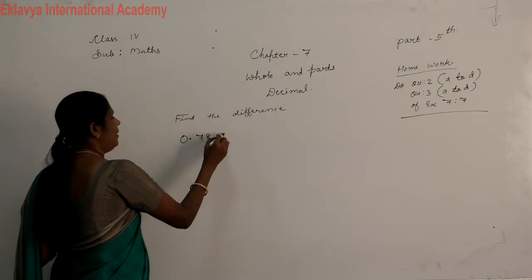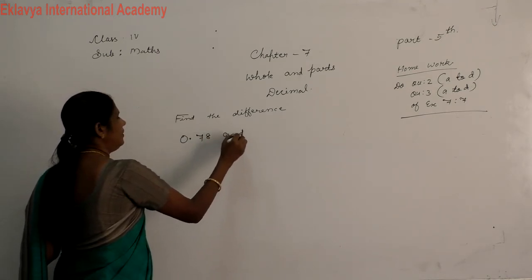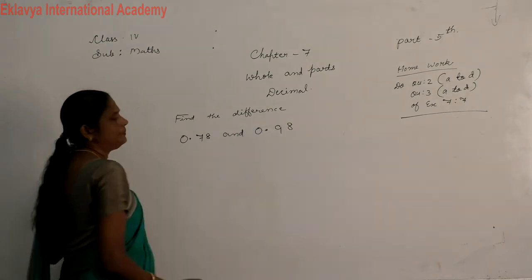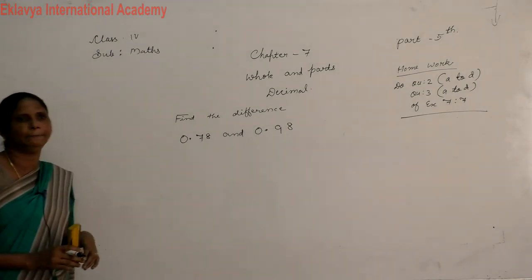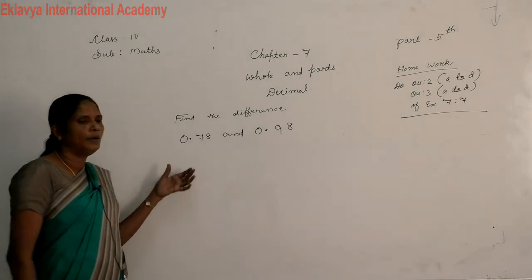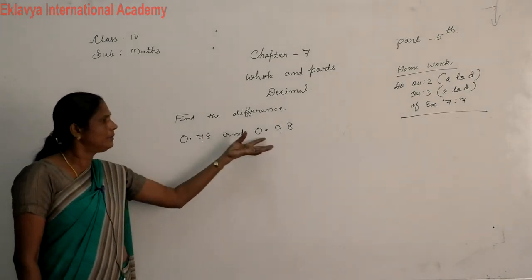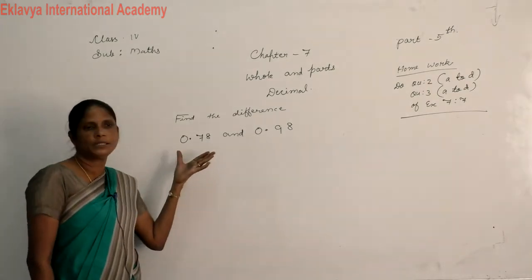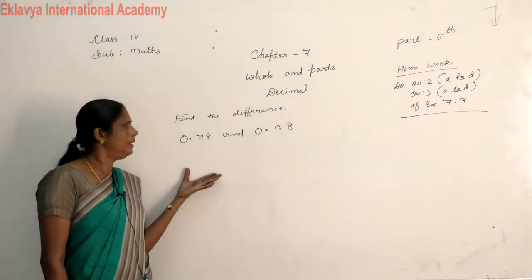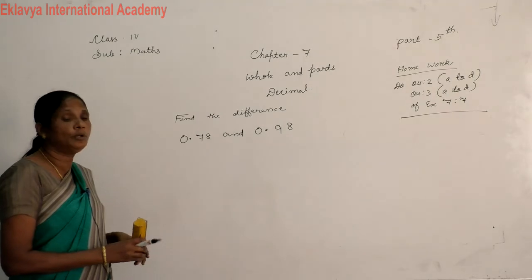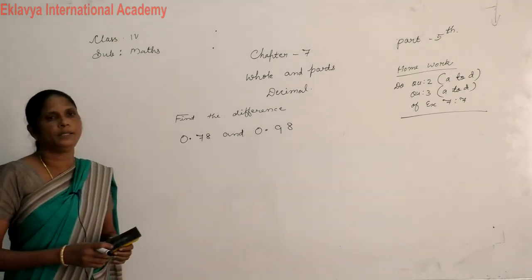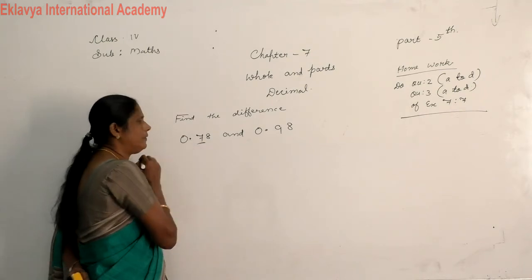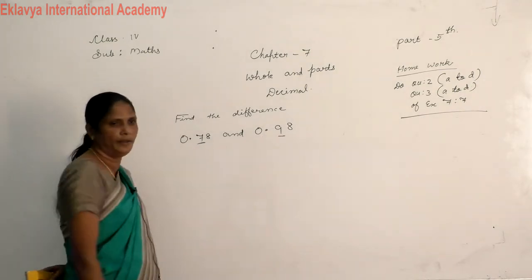Another question. 0.78 and 0.98. Look here. Both whole number parts are 0. Now you look at the decimal place. The tenths place: here 7, here 9.